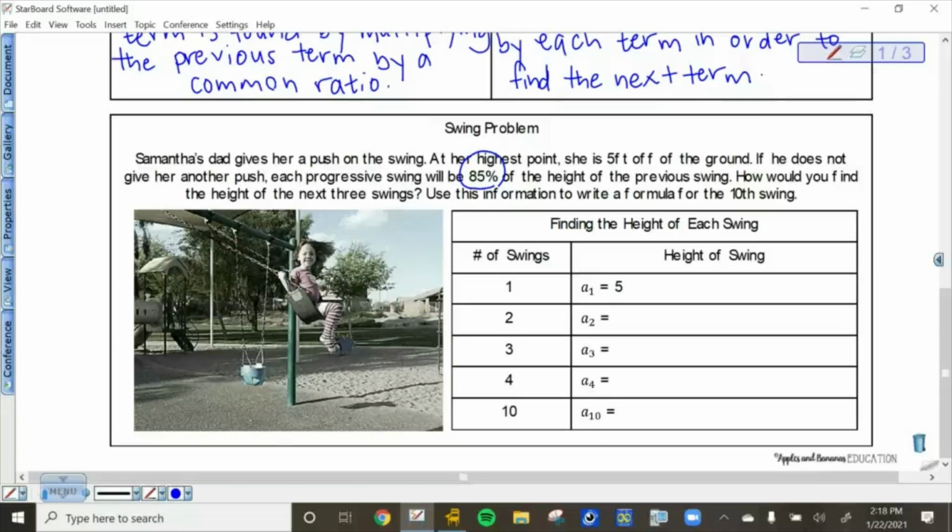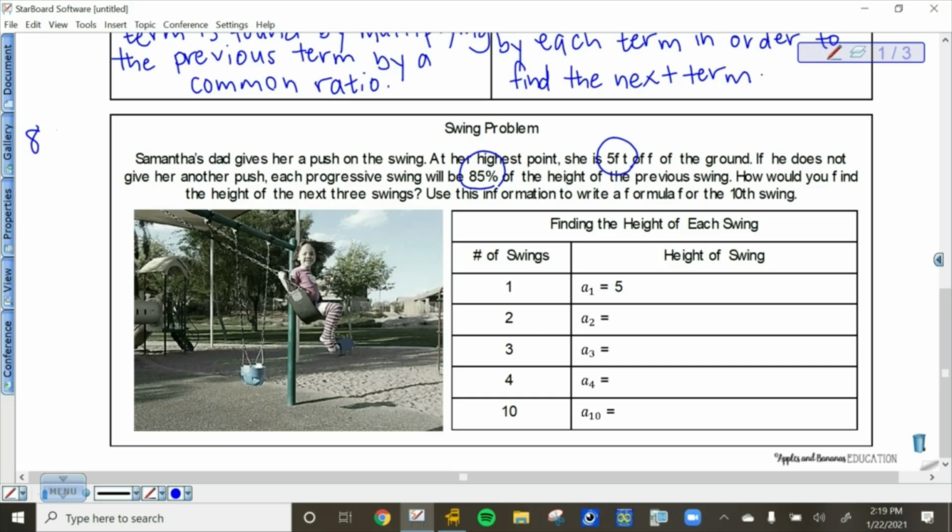So we looked at one similar to this yesterday. So first piece is we need to recognize our starting point. Our starting point is right here. It's at 5 feet. So our first term of the sequence is 5. Now our common ratio is right here in that 85%.